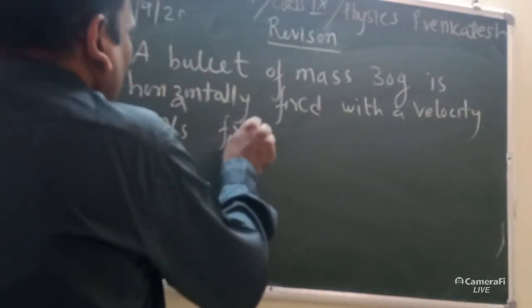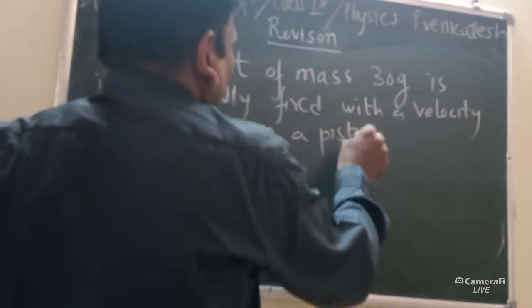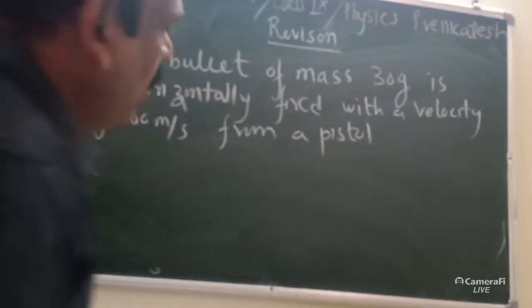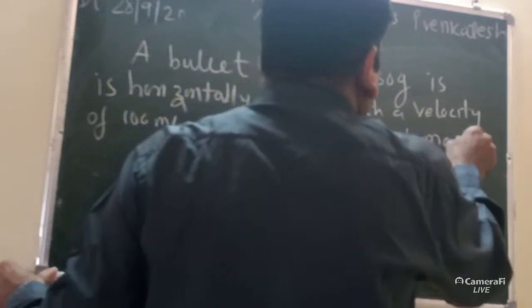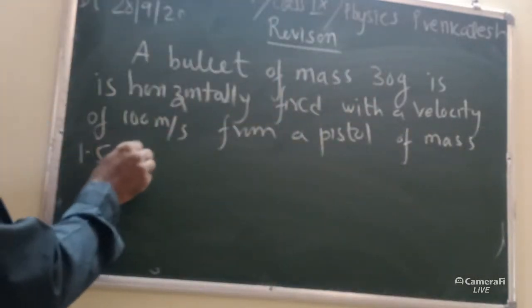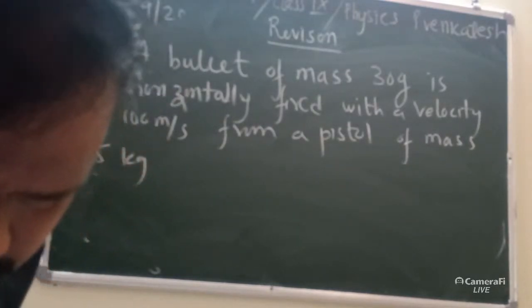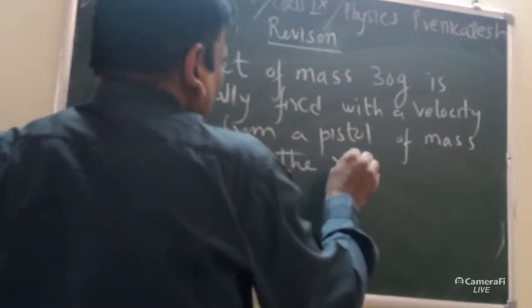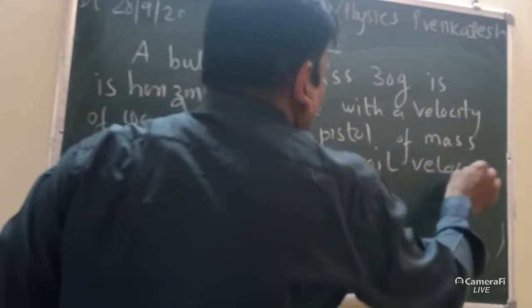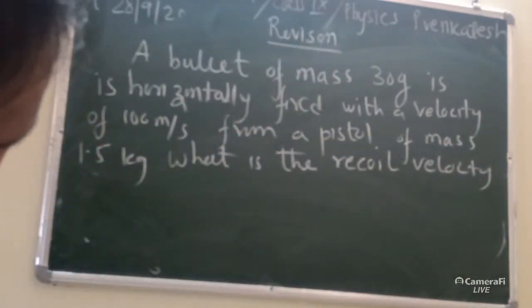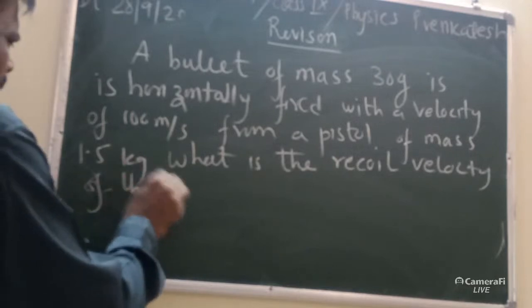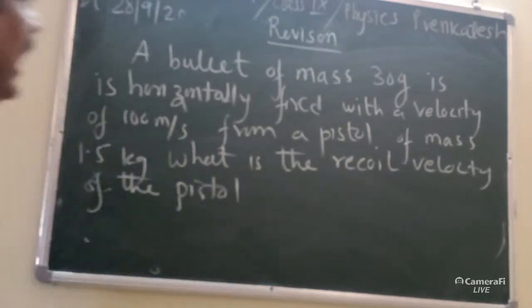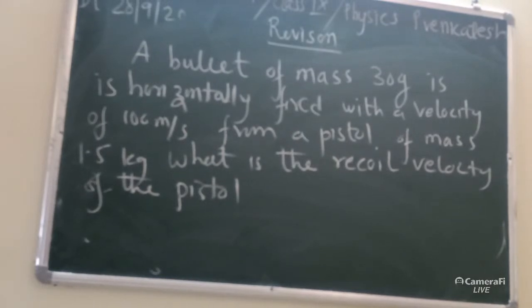A bullet of mass 30 grams is horizontally fired with a velocity of 100 meter per second from a pistol of mass 1.5 kg.